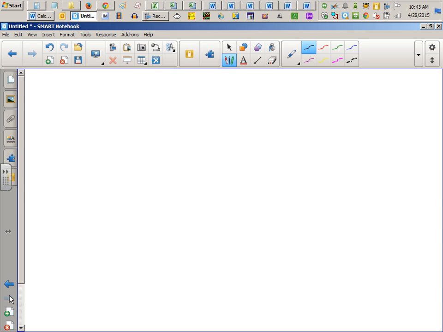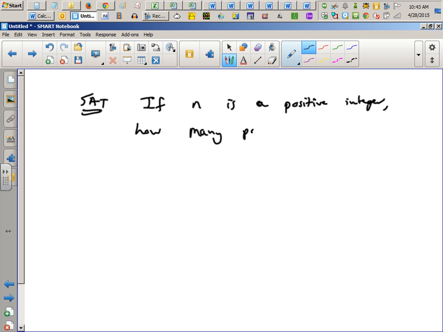Okay, so in the SAT, you see things like sentences. You'll see, if n is a positive integer, how many possible values of n make the statement true?